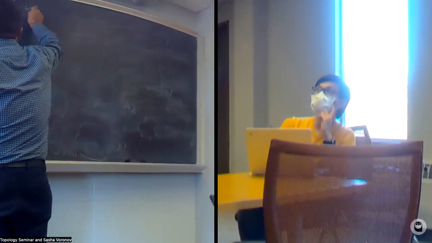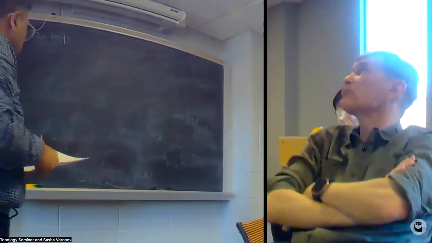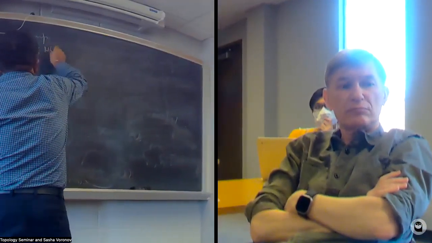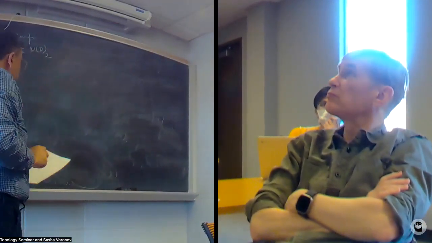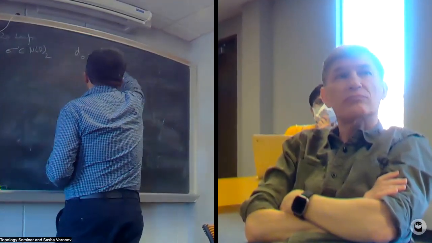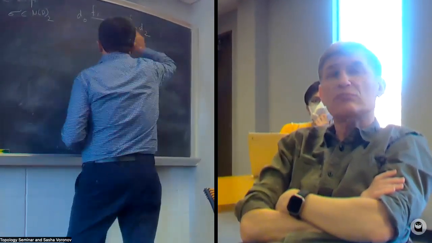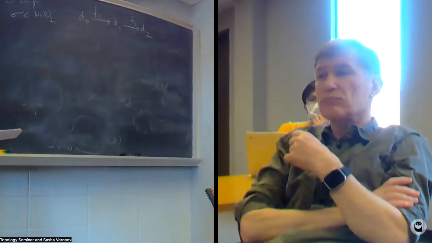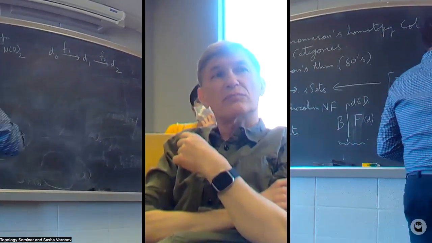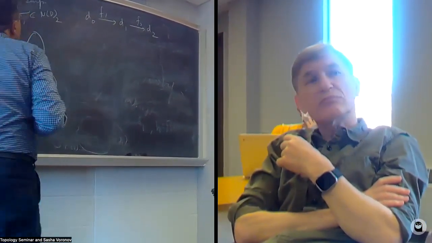This would be sigma, a two simplex in the nerve, which can be, B0, B1, and B2. And now we have B0.